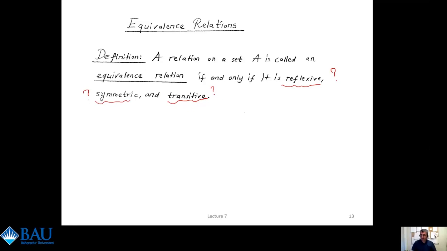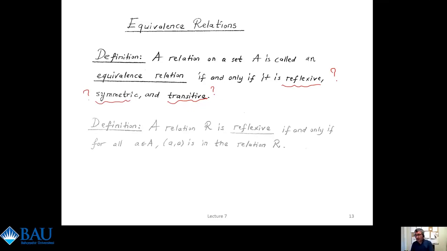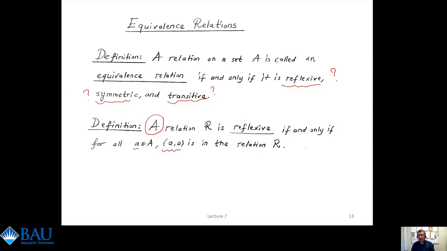To understand reflexive, at first you have to check your set A. Pick any element in A, and do it for all of the elements of A. For example, a, not capital, a lowercase element, and check: do we have (a, a) in the relation? If the answer is yes for any selected element in your set A, then we call the relation reflexive.